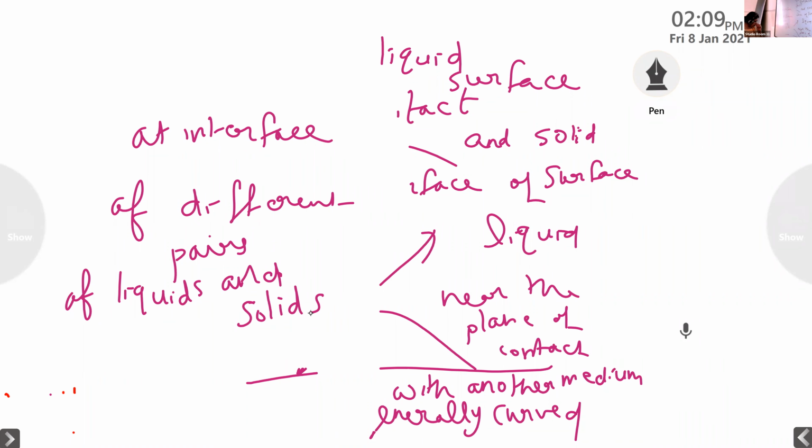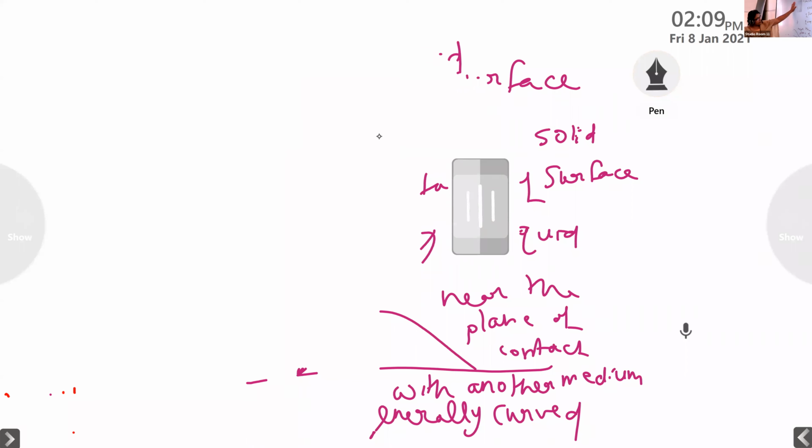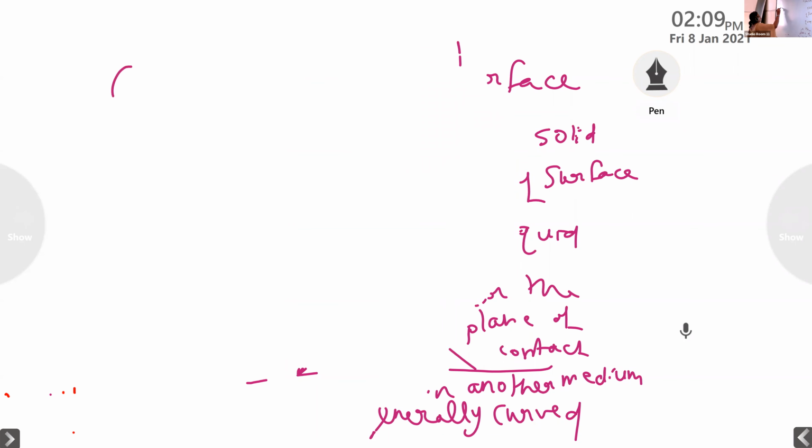The next term we are going to learn is capillary rise. That is also related to surface tension.